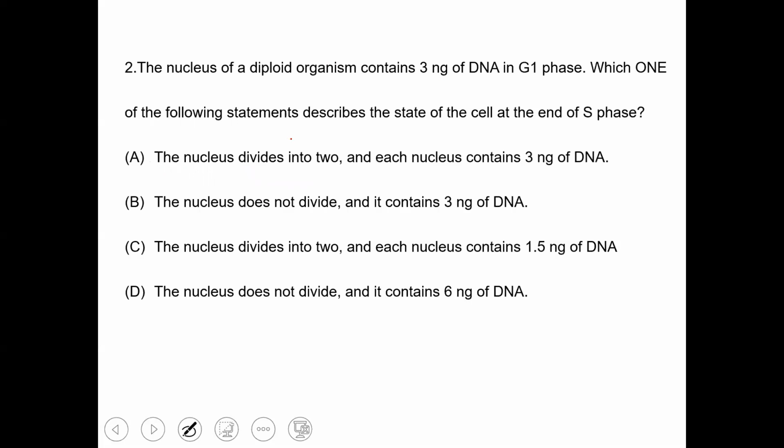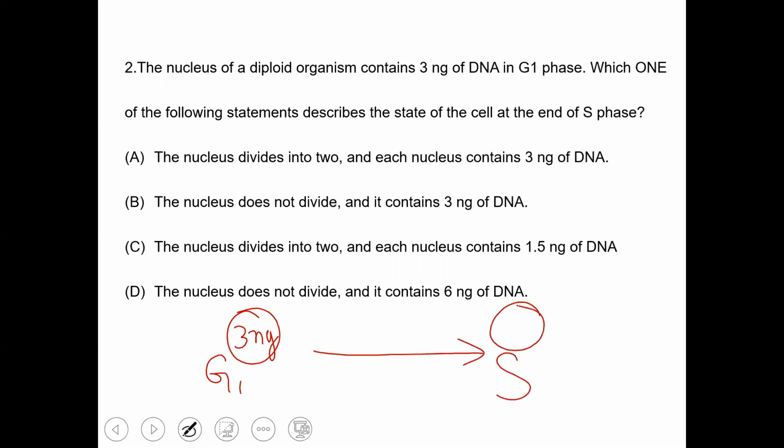Next question. The nucleus of a diploid organism has about 3 ng, that is 3 nanograms, of DNA in G1 phase. Which one of the following statements describes the state of the cell at the end of S phase? So from G1 to S phase, what will be the content of the DNA is what has been asked here. The nucleus divides into 2 and each nucleus contains 3 ng of DNA.